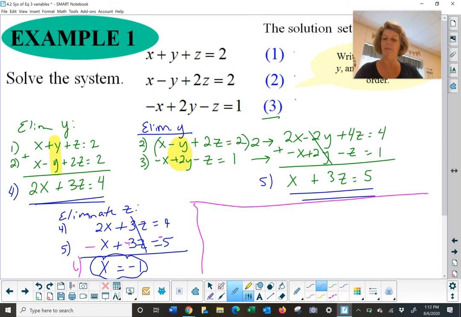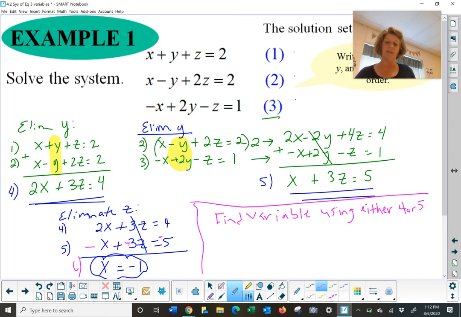So my next step is I'm going to find a variable. I'm going to use either equation 4 or 5 because they are just 2-variable equations.